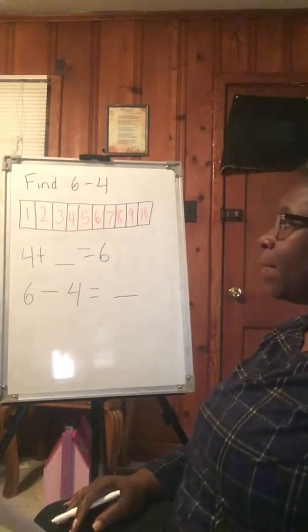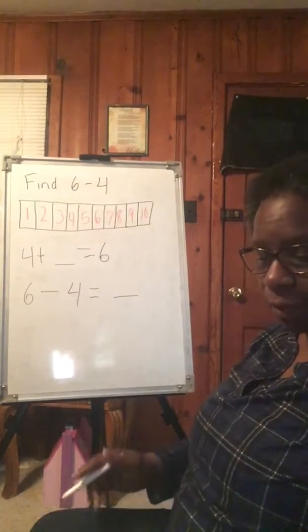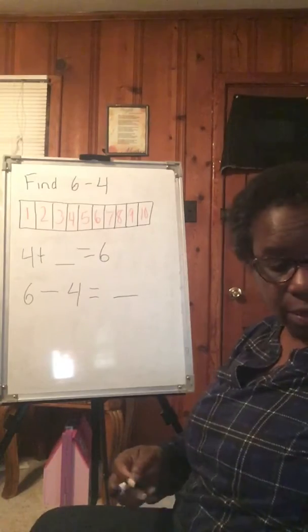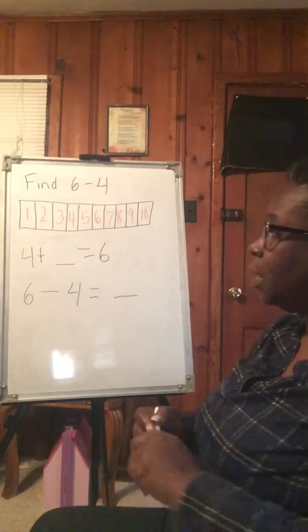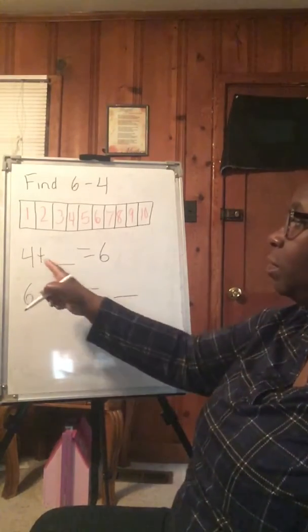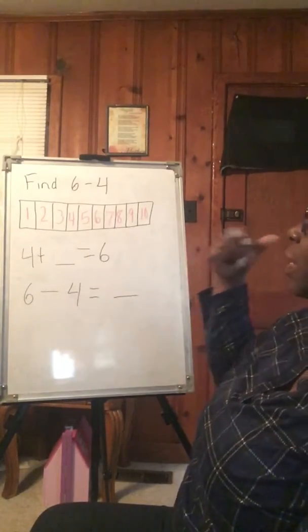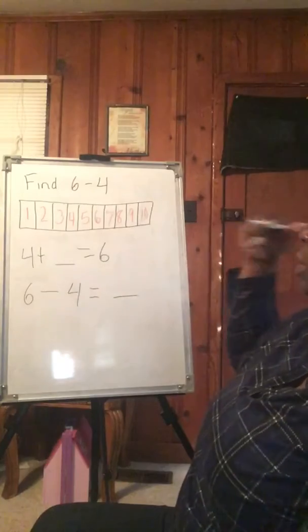Okay. So we're going to work it the same way we did the other one. Let me get a different color pen so we won't confuse ourselves. So we have 4 plus what will give us 6. We know that adding on, we're going to the right. When we add, we go this way.